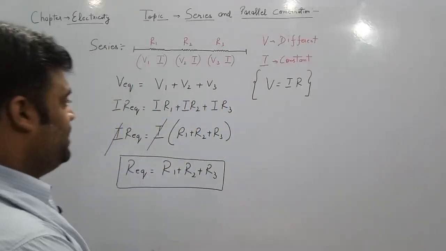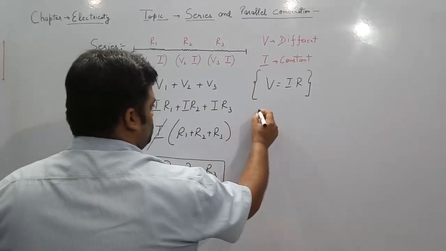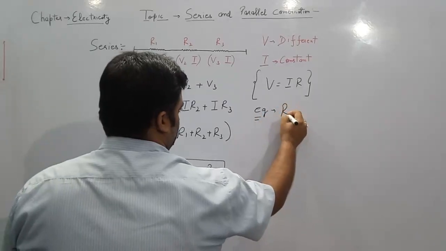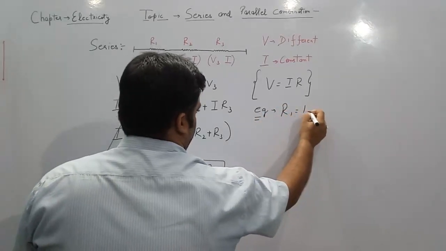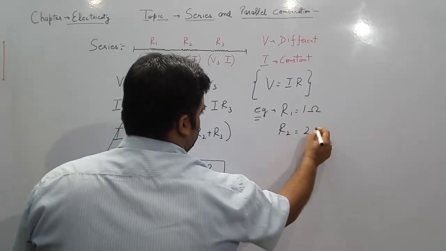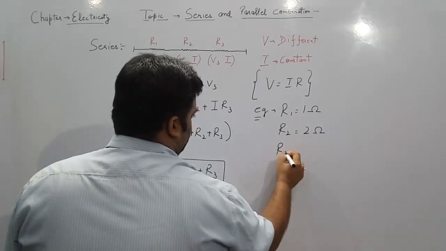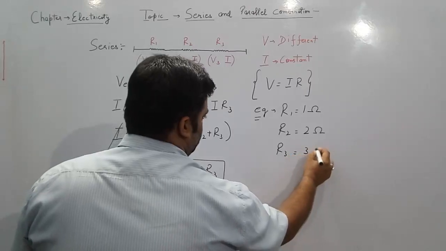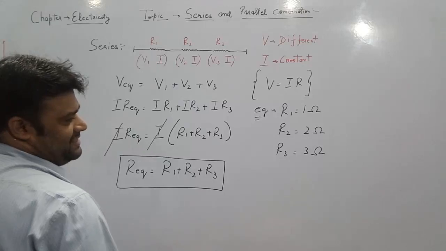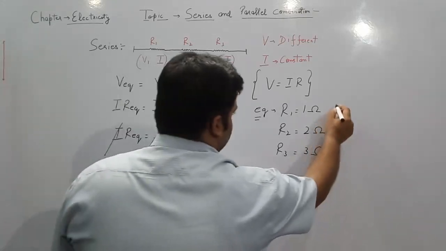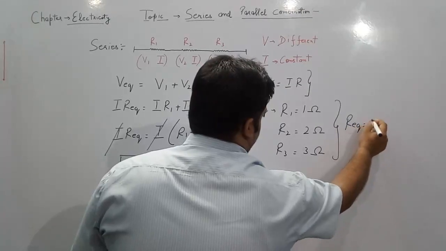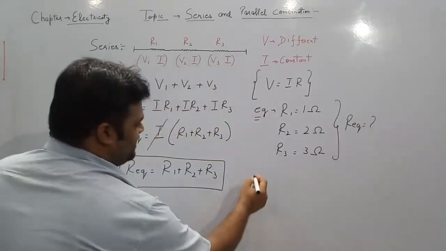Suppose R1 is equal to 1 ohm, R2 is equal to 2 ohm, and R3 is equal to 3 ohm, and we have to find the total resistance in this combination, that is the equivalent resistance for these three when they are connected in series.